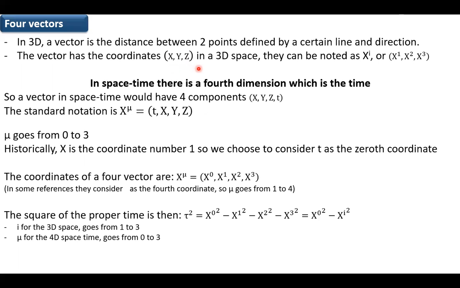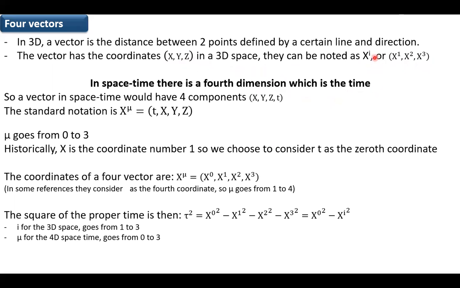So we will use a new notation now. Instead of putting x, y, and z as the 3 coordinates, we will note them as x^i, where i is going from 1 to 3. So the coordinate x is x^1, the coordinate y is x^2, the coordinate z is x^3.